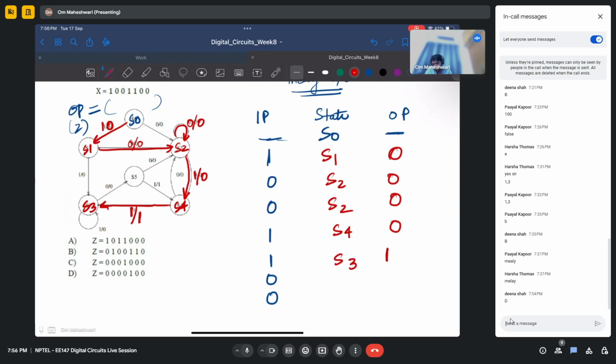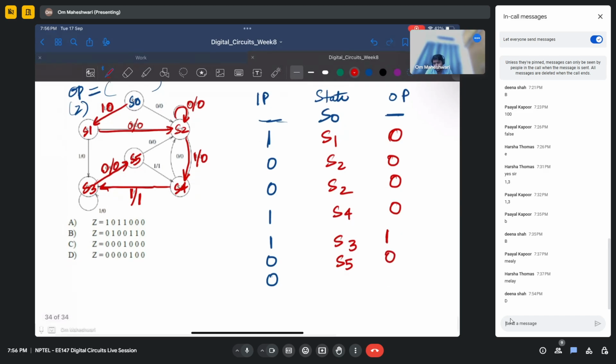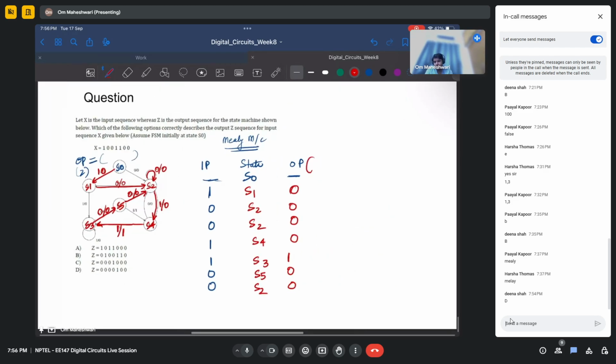So 0 means you go from S3 to S5, your output is 0. At S5 you again get 0. Then you go back to S2, your output is 0. This is actually what is asked, Z. So Z is 0, 0, 0, 0, 1, 0, 0, which is option D.